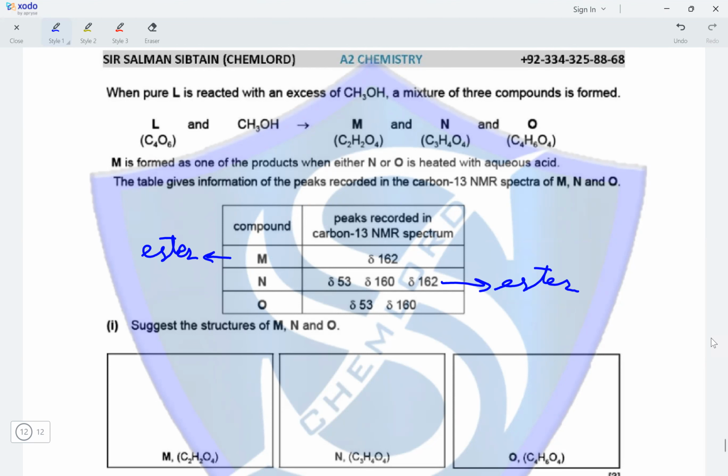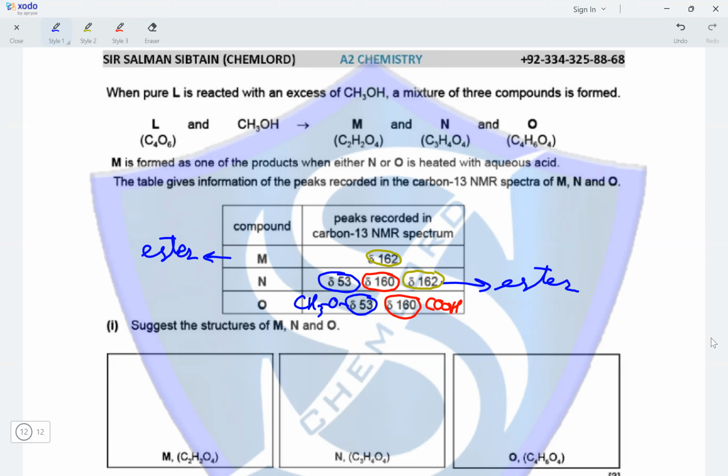So 53 is CH3 next to oxygen. That means the remaining two peaks, because hydrolysis is taking place, would correspond to COOH groups. So 162 is for the ester group, 160 is for the carboxyl group, and 53 is for the methyl group next to oxygen. So that much has been identified.